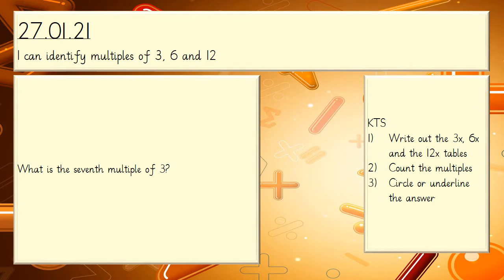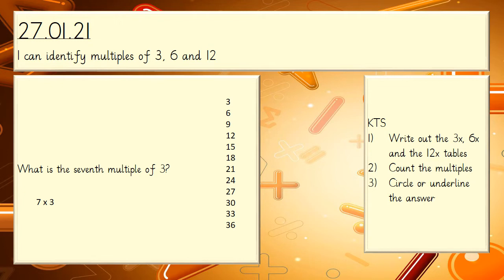Okay then, let's have a look at an example. An example says, what is the 7th multiple of 3? Well, if I follow the keys to success, step 1 says to make sure that we've got the 3 times table written out, which we have already done, just like so. Now, because it says the 7th multiple of 3, that's the same as 7 multiplied by 3.